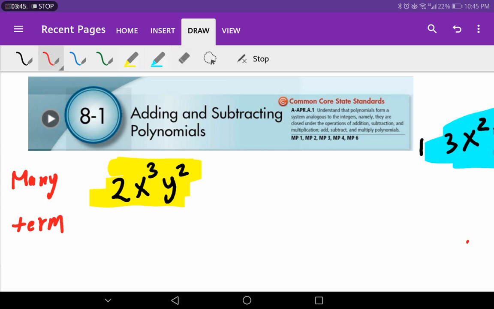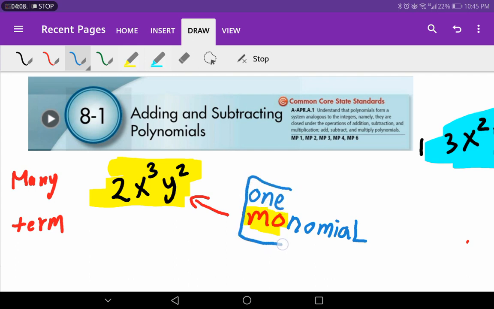It is called monomial. Mo means one term, so monomial means one term.